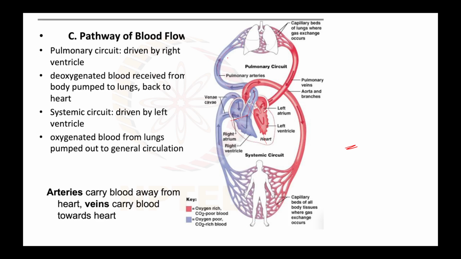After oxygenation, the oxygenated blood comes to the left atrium, then goes to the left ventricle, and from the left ventricle it circulates throughout the body by the systemic circuit.